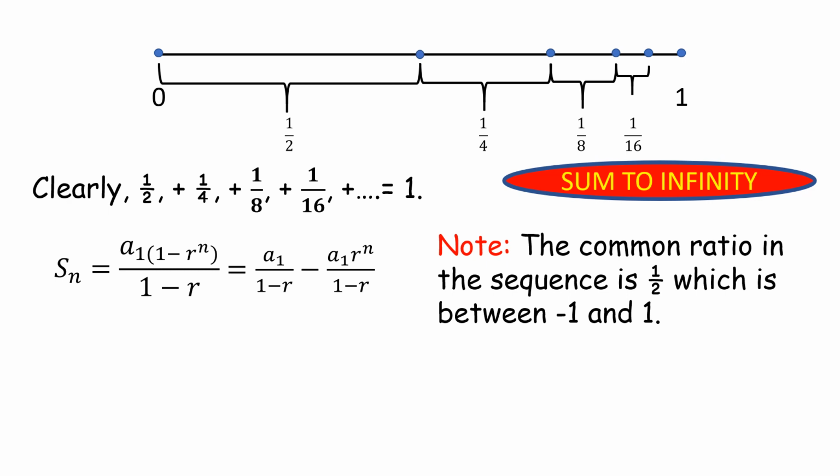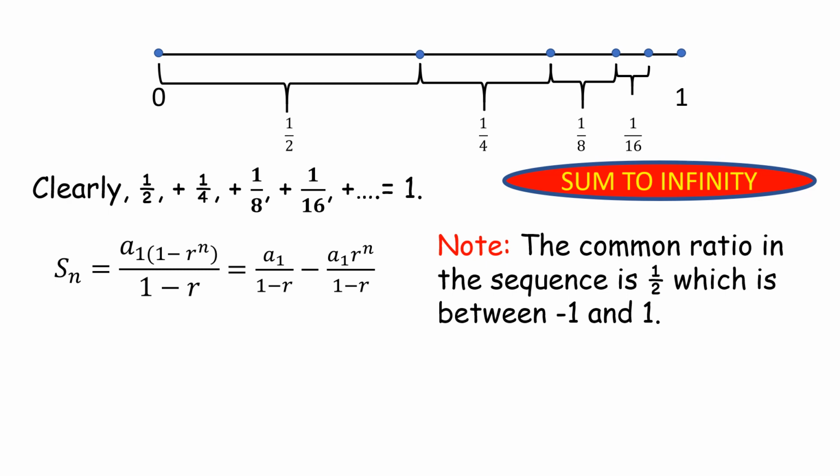Suppose that negative 1 is less than r less than 1, as you can see from our common ratio, which is 1/2. As the number of terms becomes larger, that is, n approaches infinity, then r raised to n approaches 0, and a sub 1 r raised to n divided by 1 minus r from our equation approaches 0.